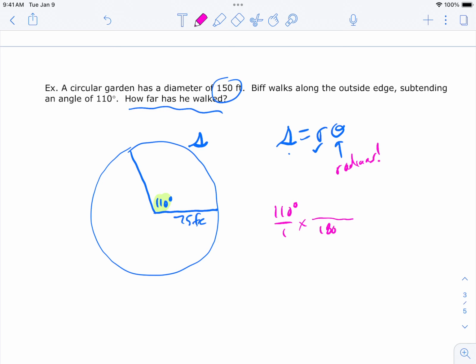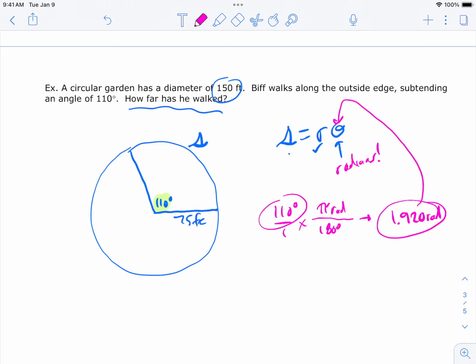So remember, 180 degrees is the same as pi radians. And so you end up with 110 times my pi button, and then divided by 180 equals, I'm getting 1.920 radians. 110 degrees is the same thing as 1.920 radians. That's what you put in the formula.